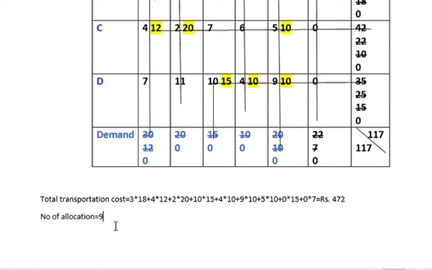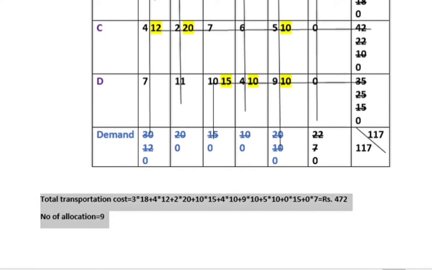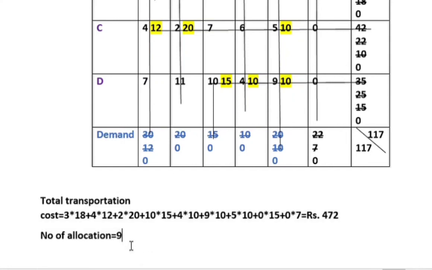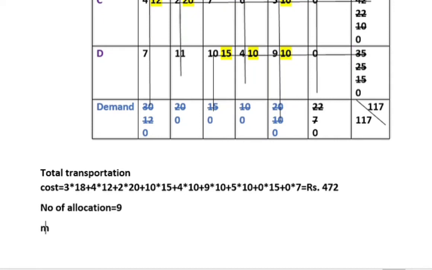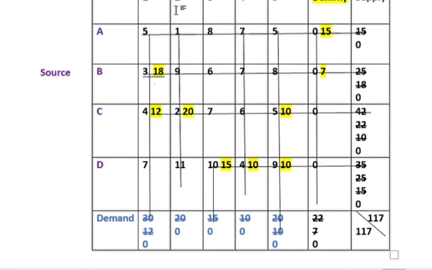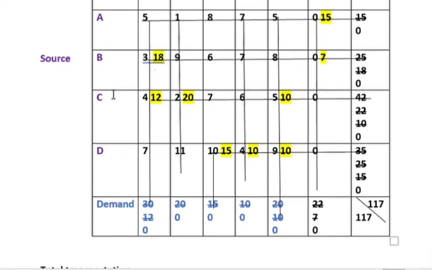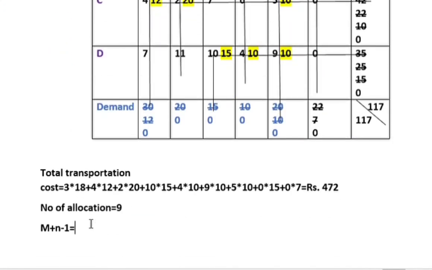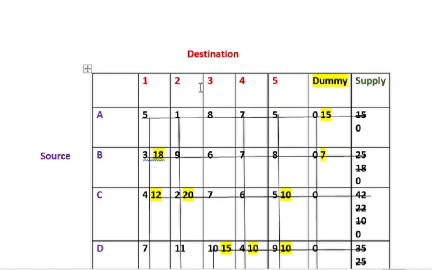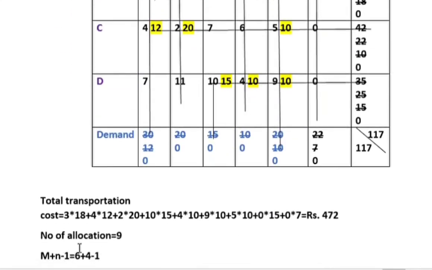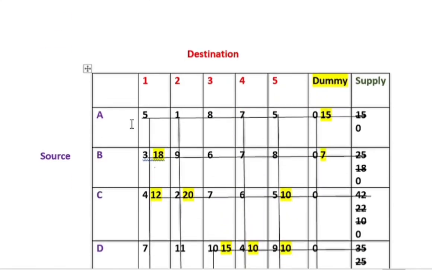The number of allocations is 9. m plus n minus 1 equals, where m equals the number of columns, that is 6, and n equals the number of rows, that is 4.